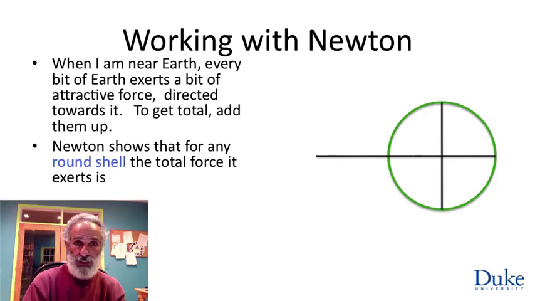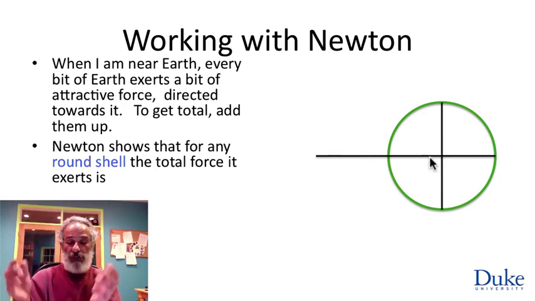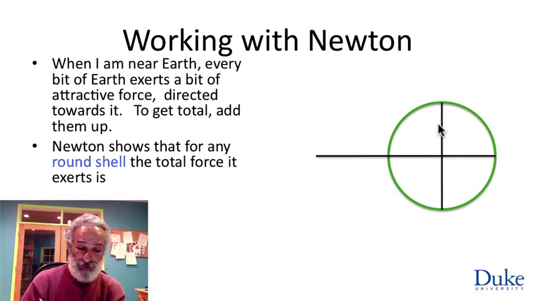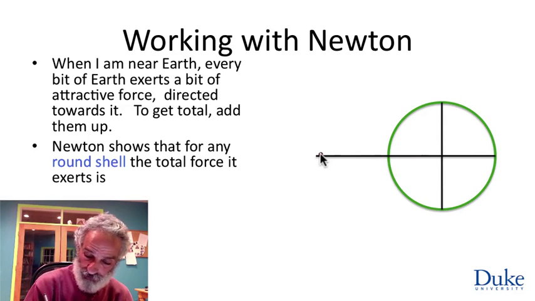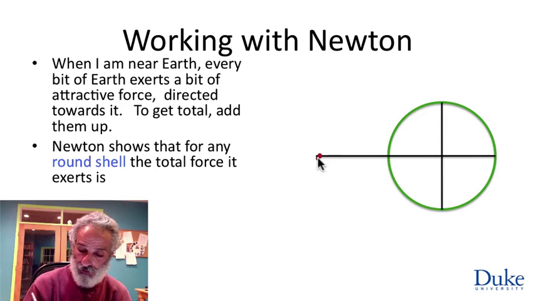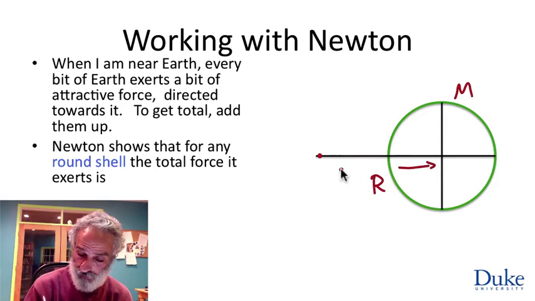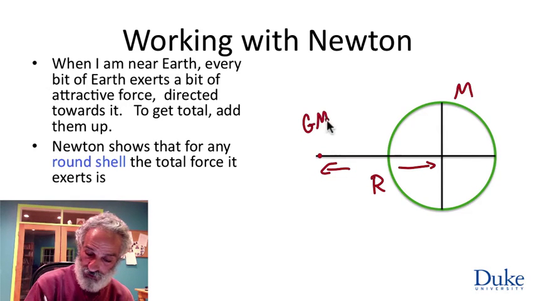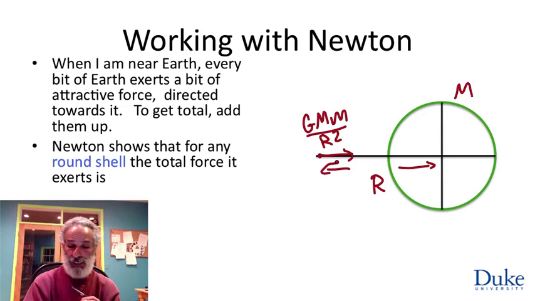But what he showed, and we're not going to repeat that calculation for that reason, is that if you just take a round, spherically symmetric shell of mass, so imagine just the crust of the Earth with an empty inside, then the total force it exerts on someone standing over here at some arbitrary point outside, well, if the mass of the shell is M, and my distance from the center of the shell is r, then the force that the shell exerts on a person over here is GM over r squared, and it's directed towards the center of the shell, as it had to be by symmetry.